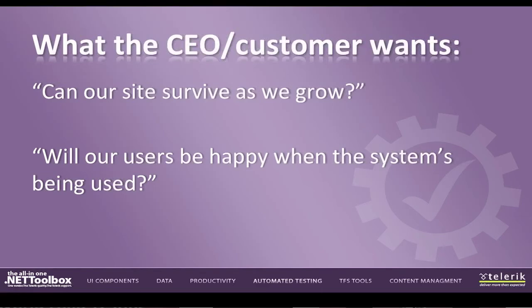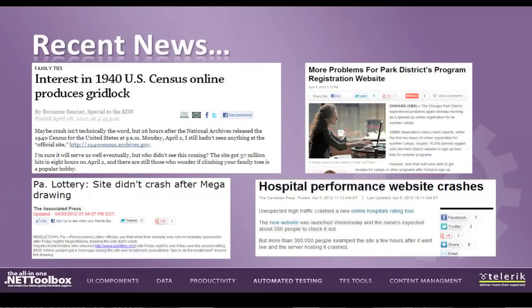You may have seen some recent news of sites that didn't do so well recently. A very interesting one is the National Archives released census data from the 1940 census. Now, my wife happens to be a genealogy nut, and this really struck home for me.